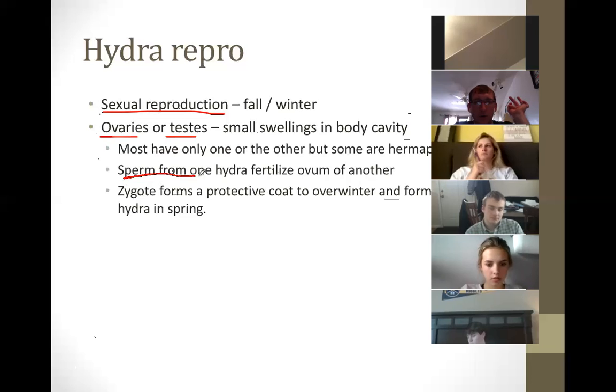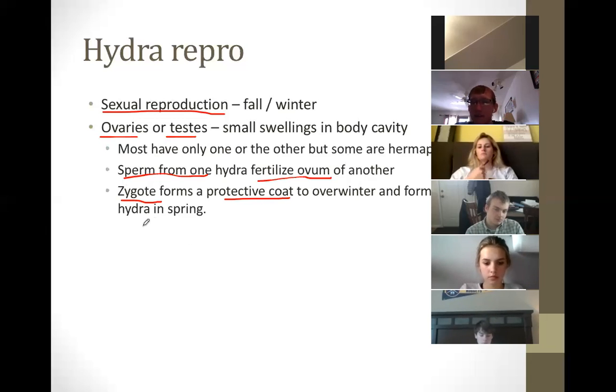So the sperm from one hydra hopefully swim to a different hydra and fertilize a different hydra egg. Then we make a zygote, which forms a thick protective coat and literally hunkers down for the winter, kind of like a seed, except for seeds in my garden, which are growing in the winter.